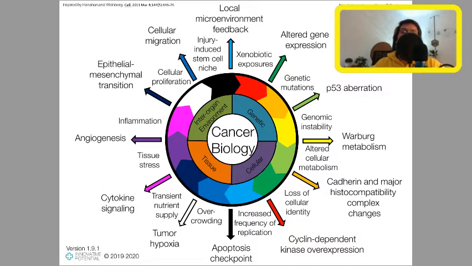Because for the same reason there's a transient nutrient supply and tumor hypoxia, there's not enough oxygen getting into the tumor, it's the same reason why your drug is failing. It's the same reason why there are these increased expression of drug efflux pumps. This is the whole show here. And it's its own thing. It's its own beast. It's its own species.